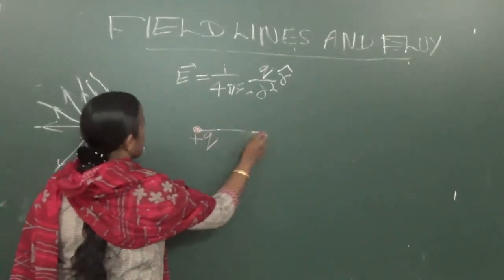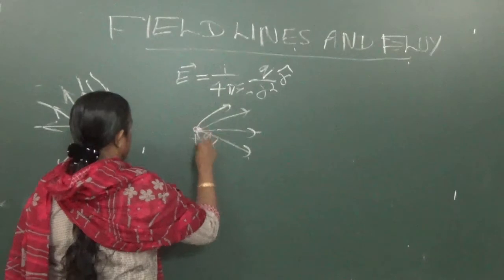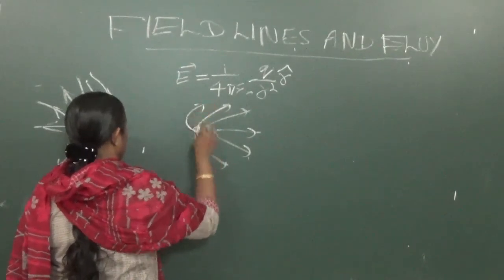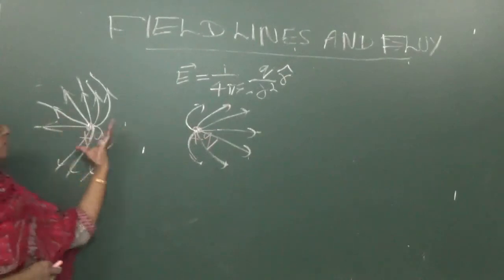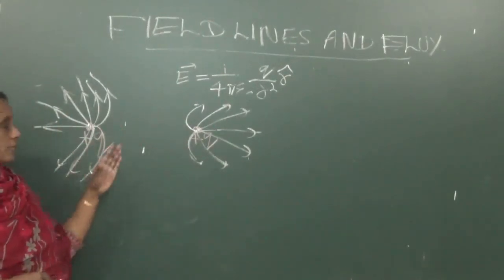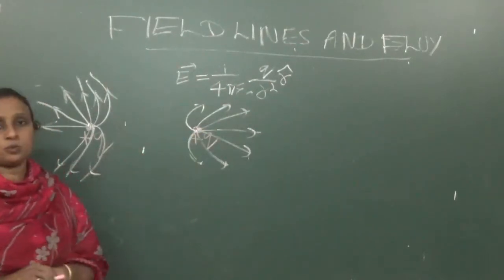And here this moves like this. Because these two are positive charges and the field lines always move away from a positive charge.